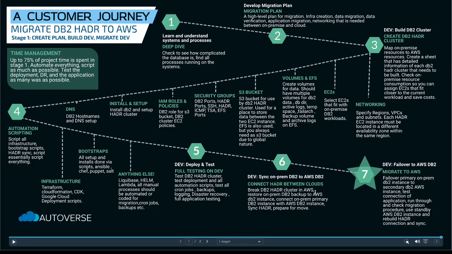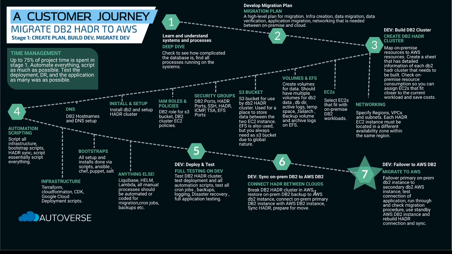Step 6 is syncing up our on-premise DB2 with the AWS DB2 instance. So we're at the point now where we are ready to start our migration to AWS. What you've got to do is take your AWS HADR cluster and break it. And you're going to take one node, a DB2 instance in AWS, and make it the standby server for your on-premise primary database.